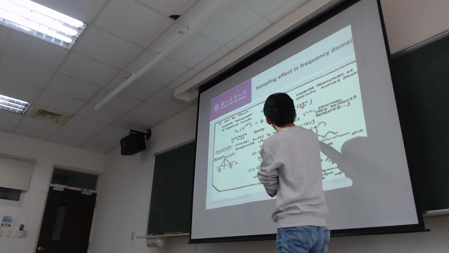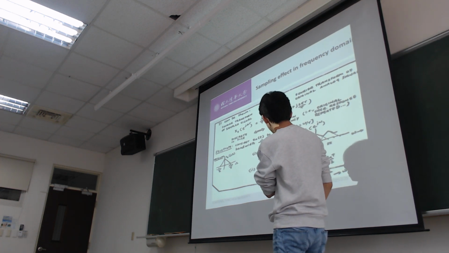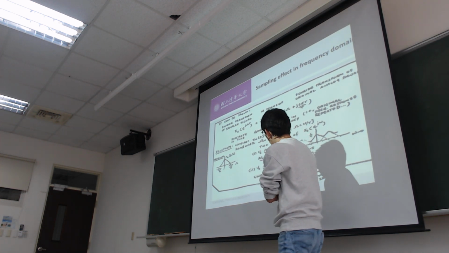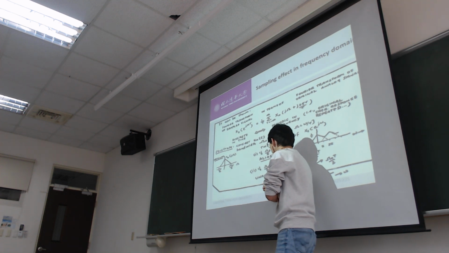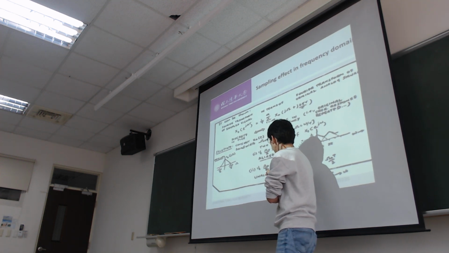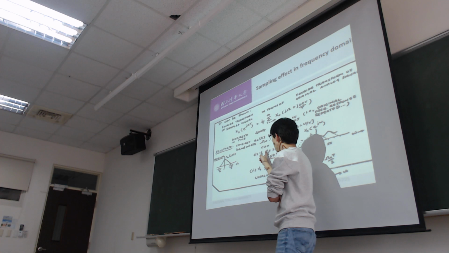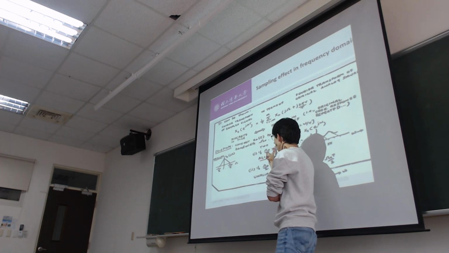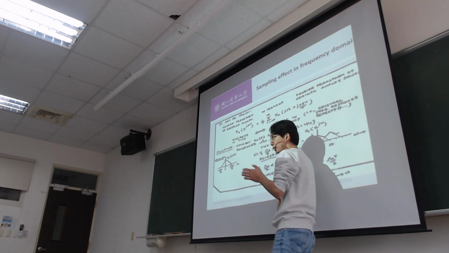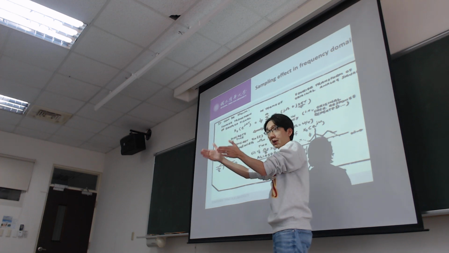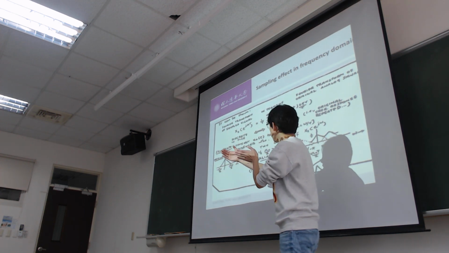You can have two cases: no aliasing, where omega naught is less than pi over T, or aliasing, where omega naught is greater than pi over T. These are the intervals where you have a replication of your original frequency.